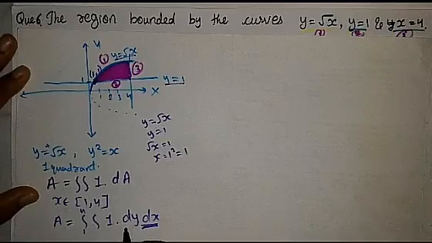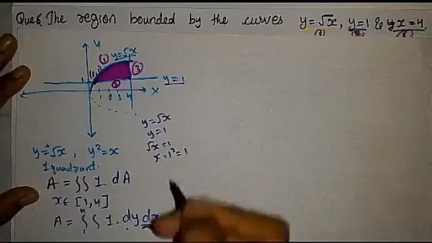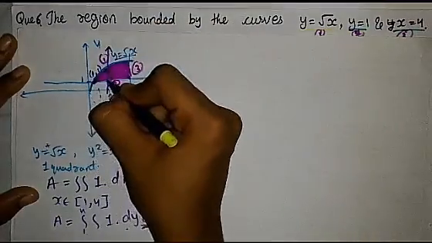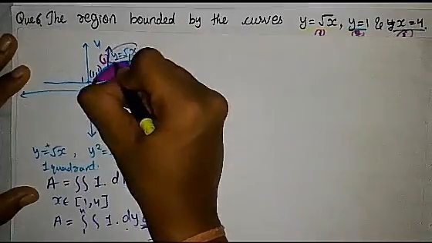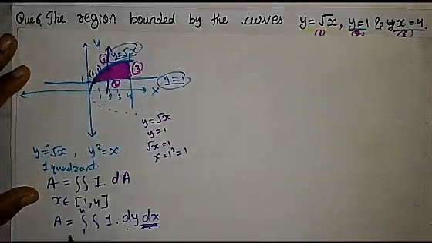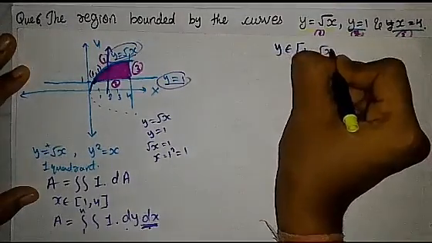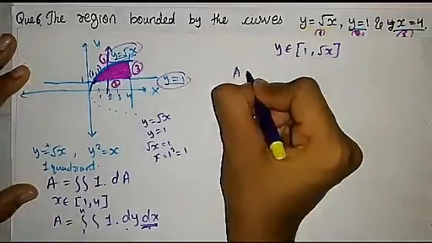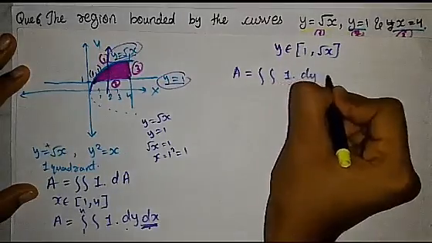Now I have explained in my earlier video on how to find area that whenever it's dy dx, we have to draw the vertical line. So let's draw the vertical line. We can see that here it's entering from y is equal to 1, leaving from y is equal to root x. So y belongs to 1 to root x. So we also got the limit of y. Now let's find the area. Area is equal to double integration 1 into dy dx.